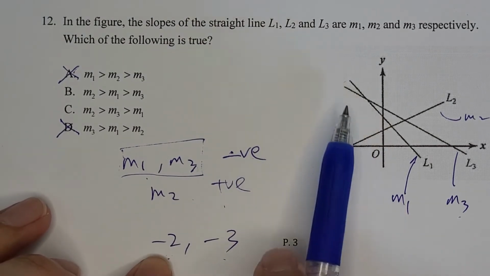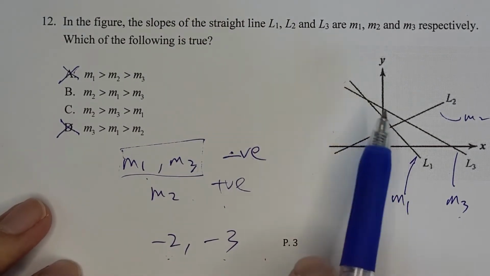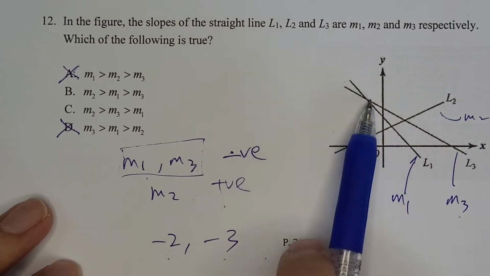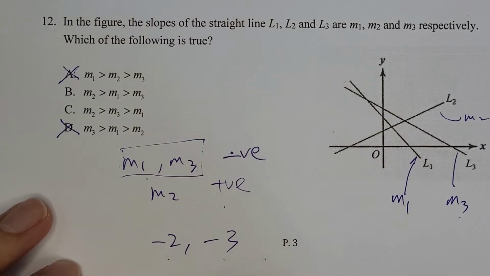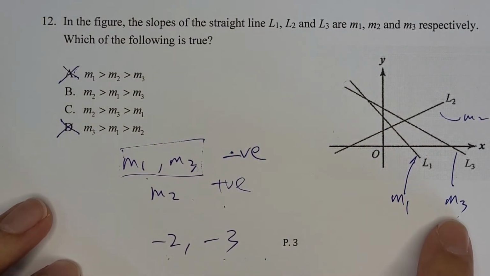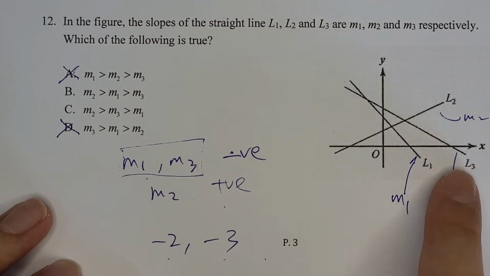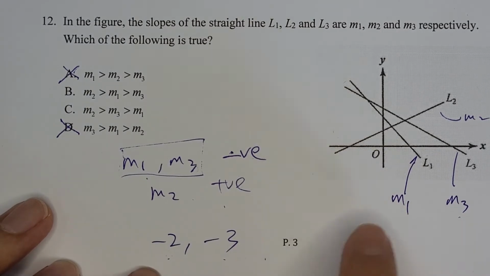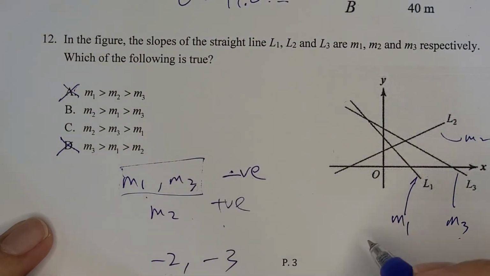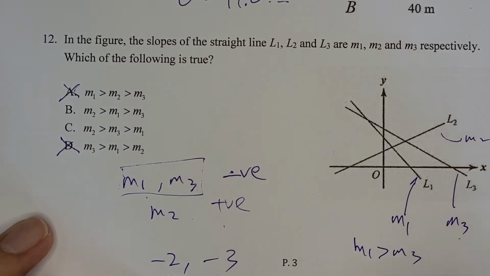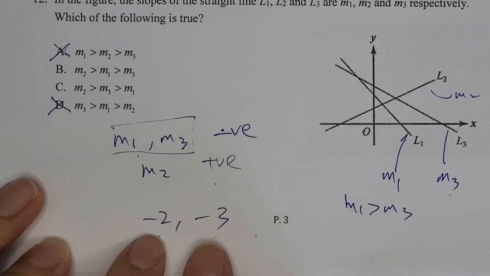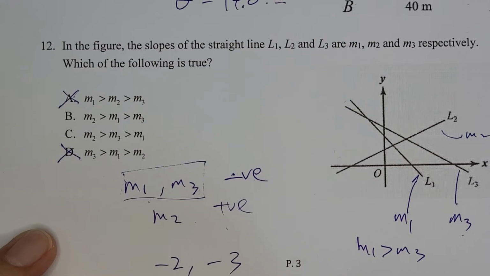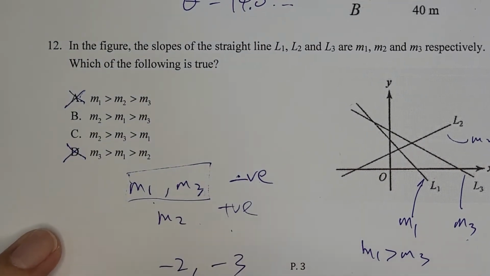And for these two lines, you see that L1 looks steeper than L3. So in magnitude, M1 is bigger than M3, but you know that they are negative. So finally, M3 should be greater than M1, just like -2 is bigger than -3.